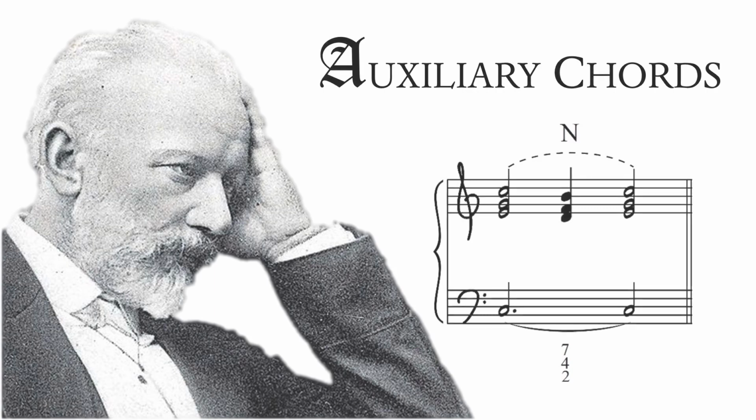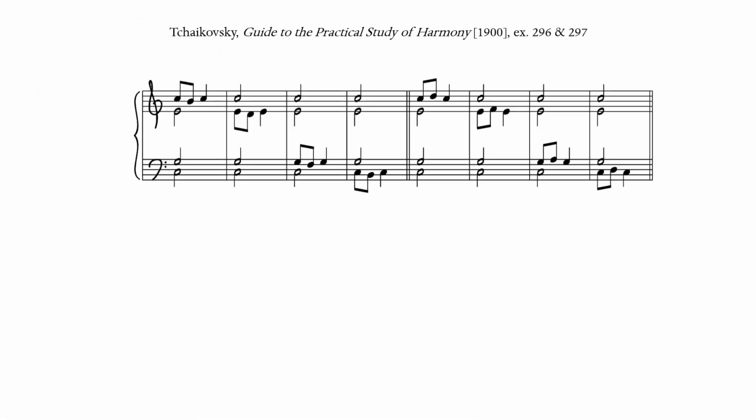Here is Tchaikovsky's diagram showing first how lower neighbor notes can be used to elaborate any of the chord members of a root position C major triad. And the same thing with upper neighbors.